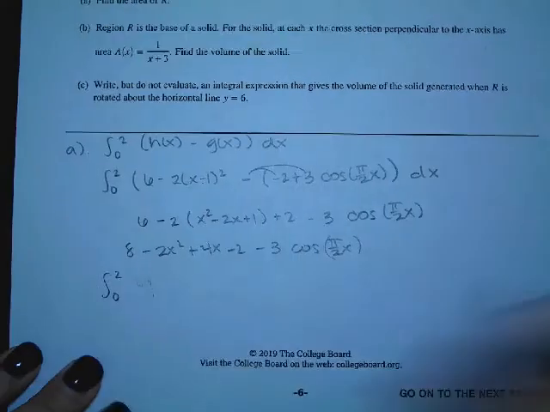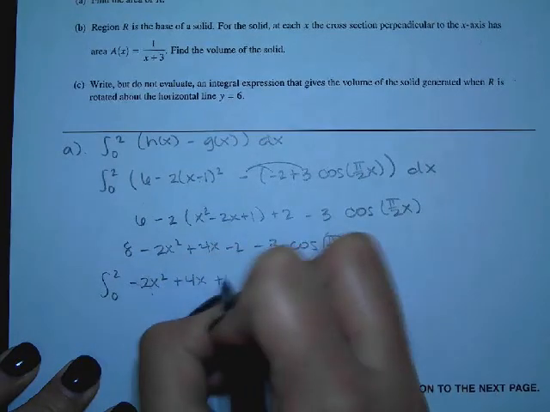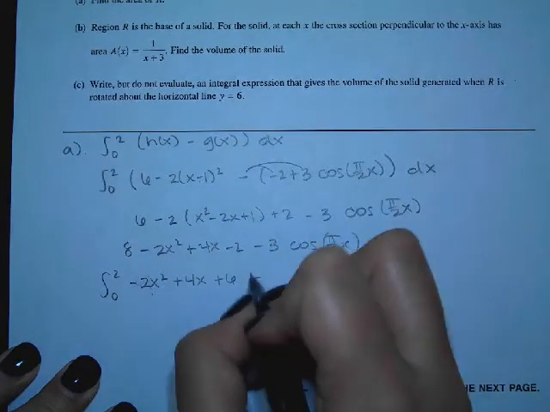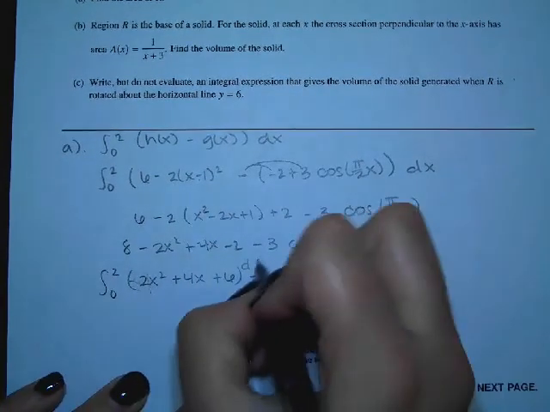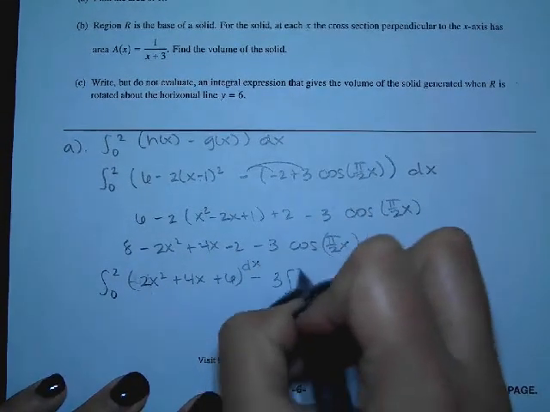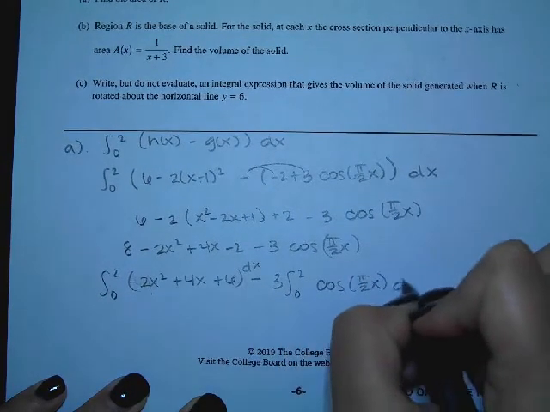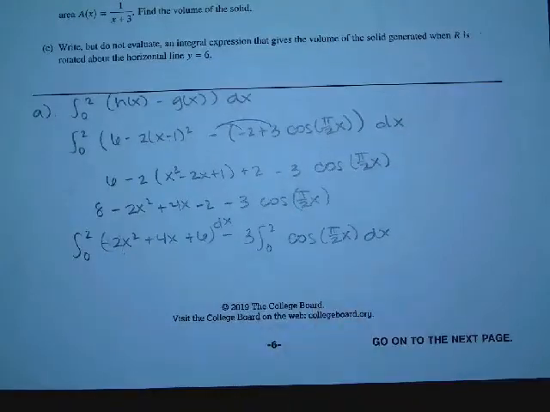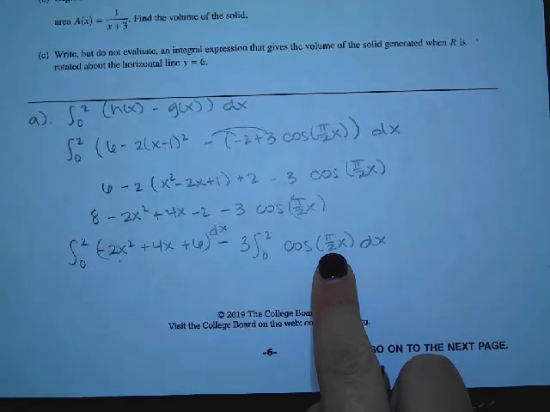I guess I can put it in order. Negative 2x squared plus 4x plus 6 minus, and I'll say dx, yeah, dx minus 3 cos. Okay, so this way, all I have to do is use u substitution over here, and so that'll save me a little bit of effort.